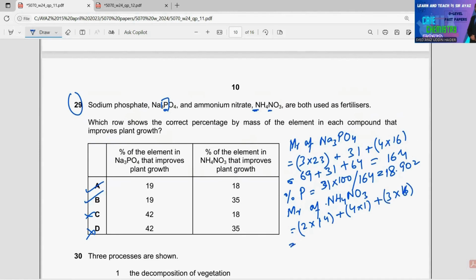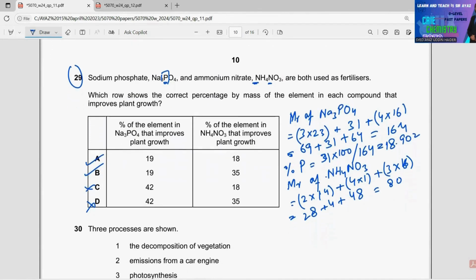So 2 multiplied by 14 gives 28. 28 plus 4 plus 3 multiplied by 16, which is 48, gives 80. 80 is the MR of ammonium nitrate. Now let's find the percentage of nitrogen in this. So you have 28 percentage nitrogen: 28 multiplied by 100 divided by 80.